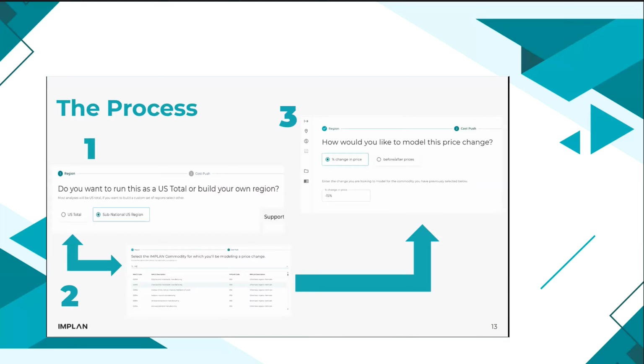So rather than saying this percent change in price is impacting this specific company, we're saying we think there's going to be a change in price in this commodity, and people accessing that commodity for what they're producing are going to be impacted by that price change.